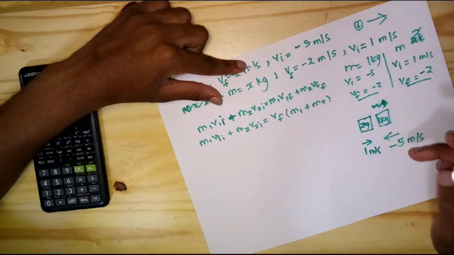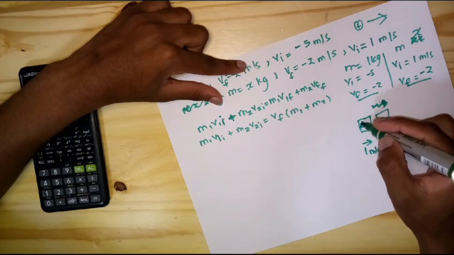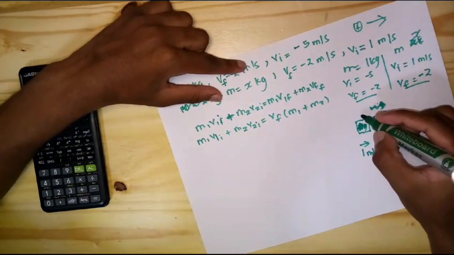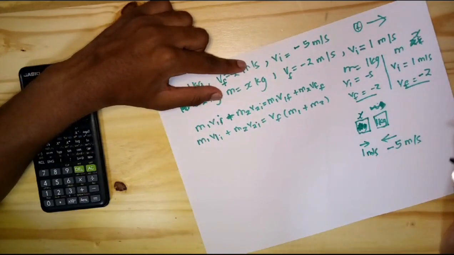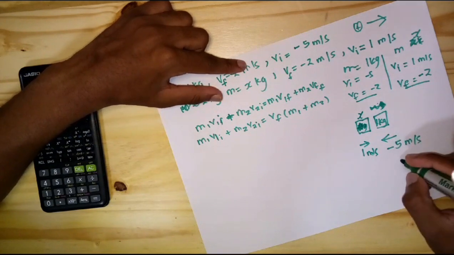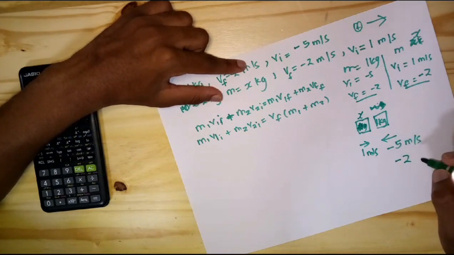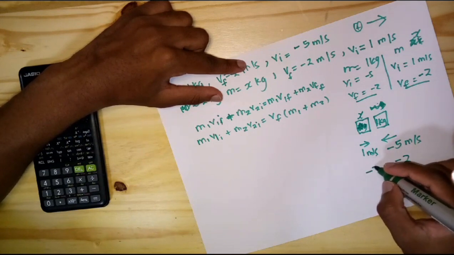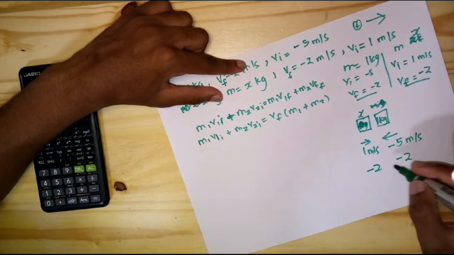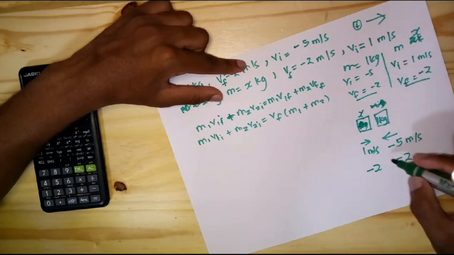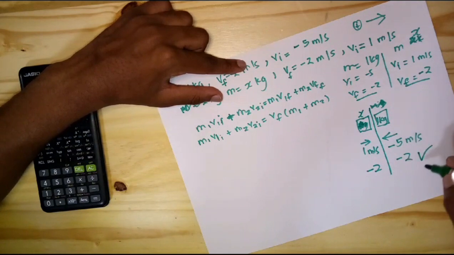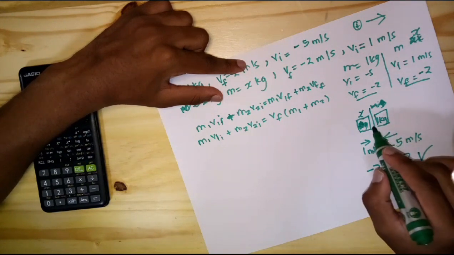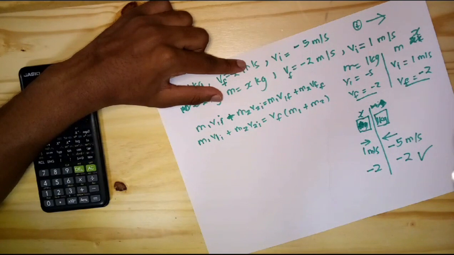Not 2 kg, why do I keep saying 2 kg? It's x, right? Now it makes sense that this one would end up decreasing its velocity to -2, and this one would end up taking a velocity of -2, given whatever mass it has. Primarily, what makes sense is that this one would take a lower velocity, same direction, sure, but lower, because it's meeting an object going in a different direction.